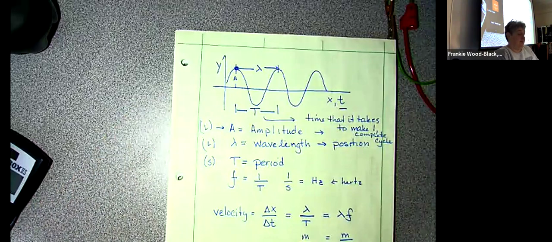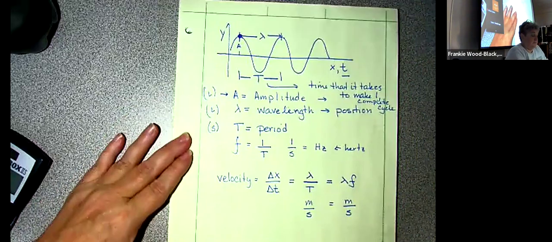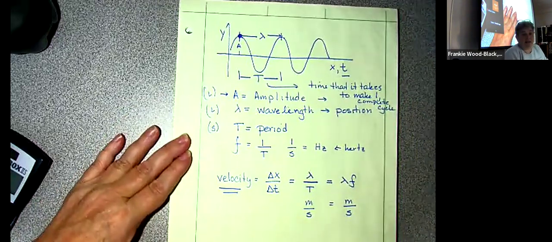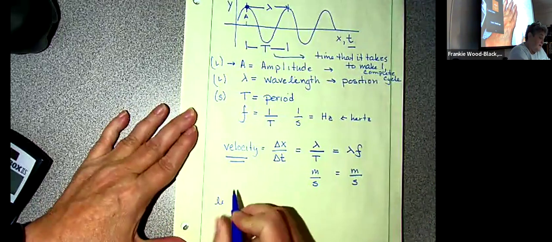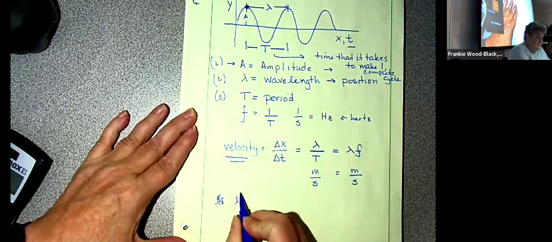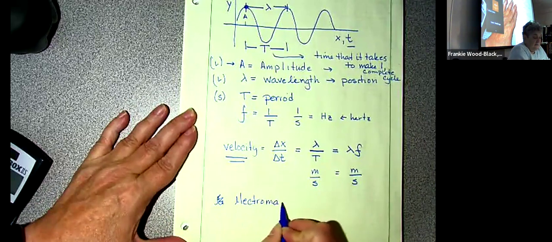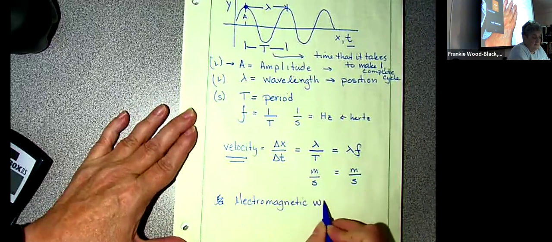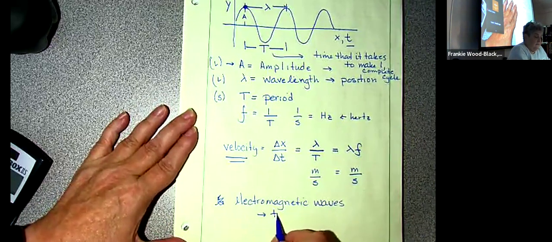Now, if I were in chemistry, we know what that velocity is, because if it's an electromagnetic wave, they travel at the speed of light.